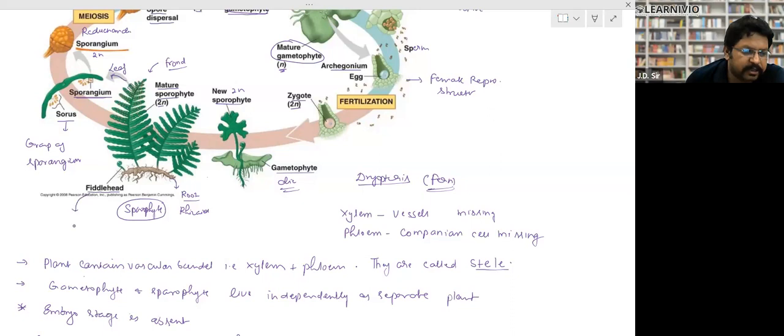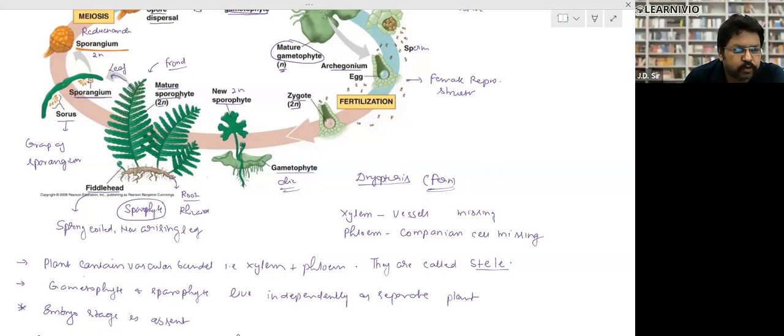Fiddlehead, they are the spring coil, new arising leaf, right? And this is called frond, right?